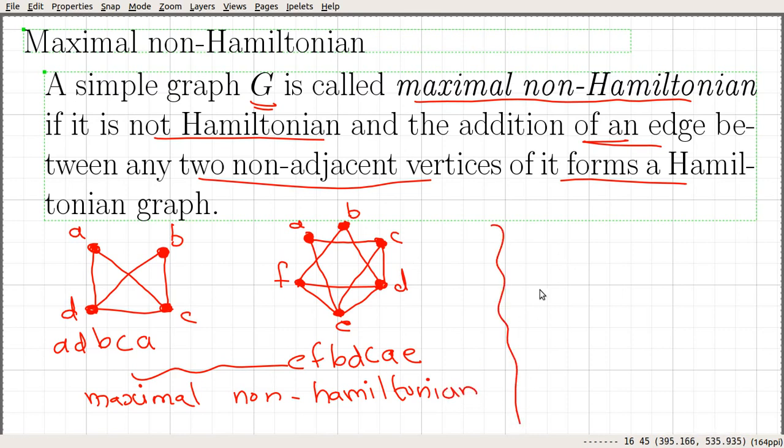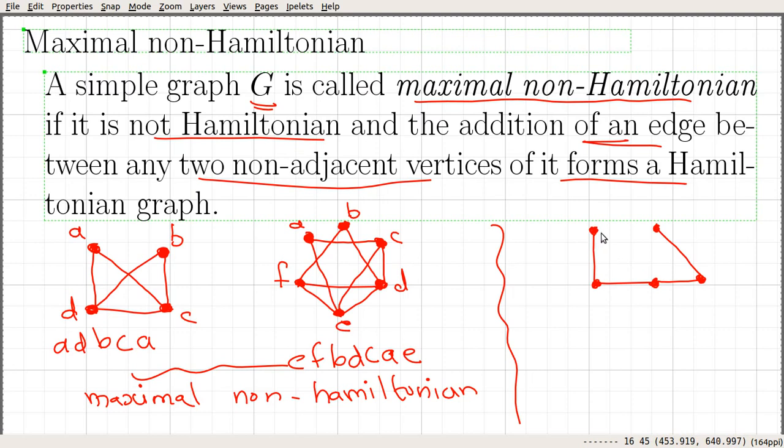Now let me give an example of a graph that is not maximal non-Hamiltonian. Let's consider this graph. Here we can see that this is an example of a non-Hamiltonian graph, right?